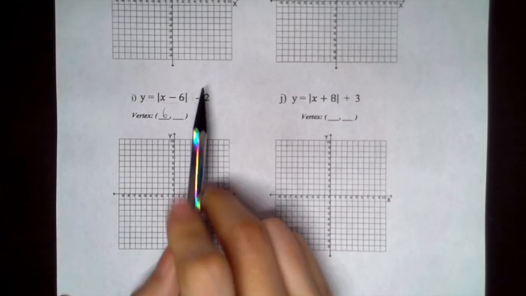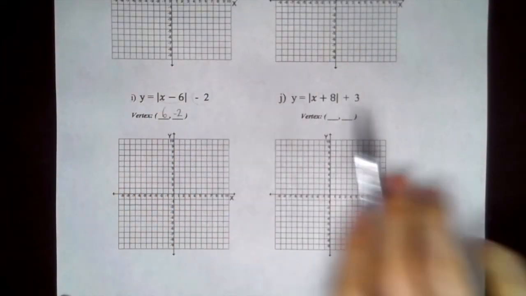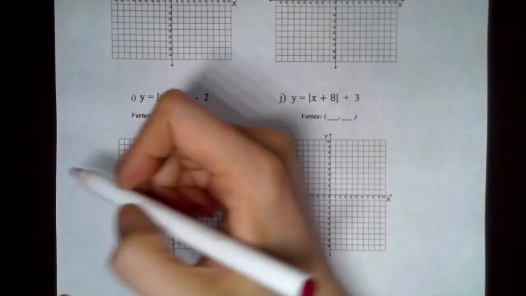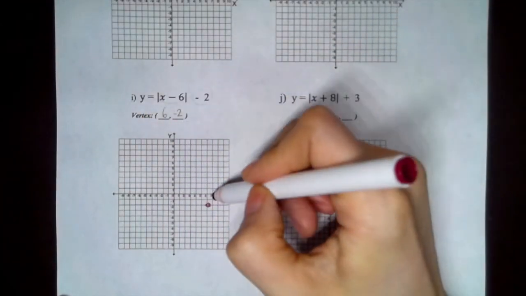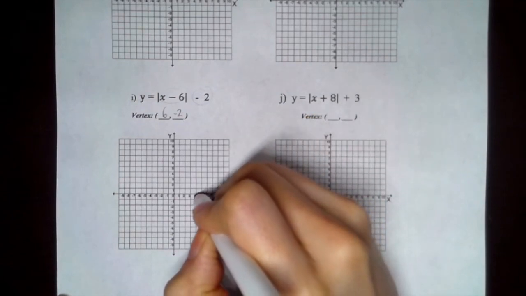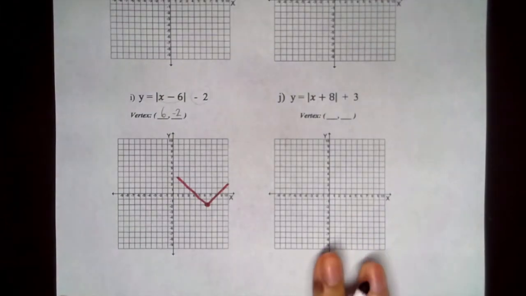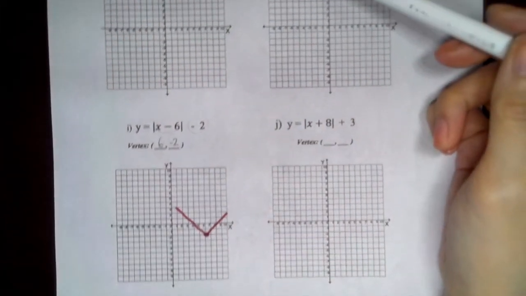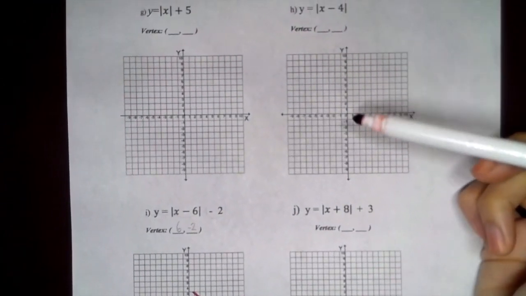Just take the same number, 2. So you plot your vertex, (6, -2). You go to (6, -2), and then you draw it like this. Your slope is 1, so go by 1, like that. So on this page, you're finding the vertex from the equation, and then you graph it, okay?